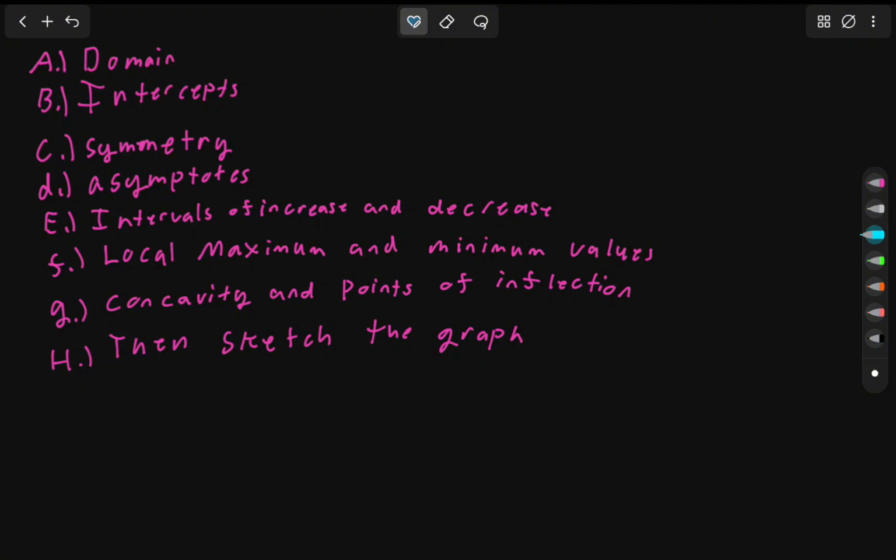The next thing we want to look at is symmetry, because sometimes we have functions that are symmetrical, and that makes them very easy to graph if you have a left side and a right side. If it's even, all you have to do is flip it over the y-axis. And if it's odd, all you have to do is rotate it about 180 degrees about the origin.